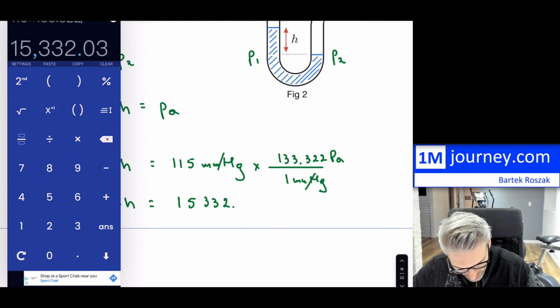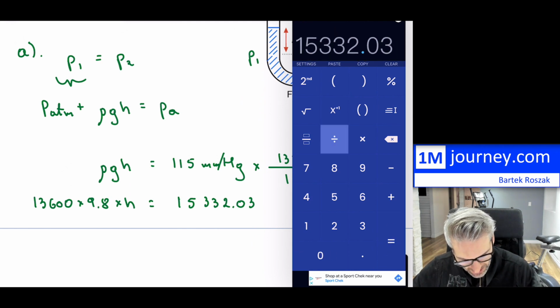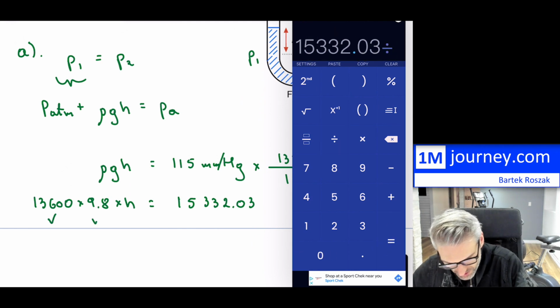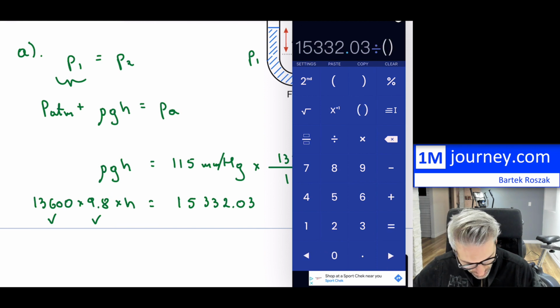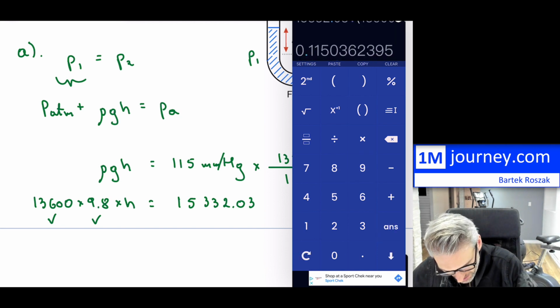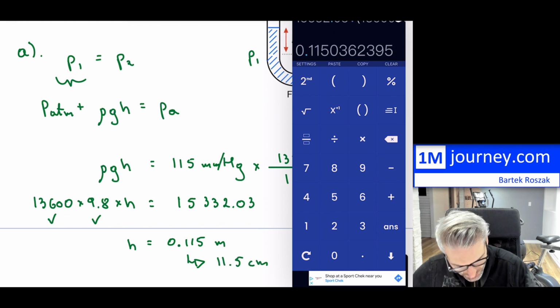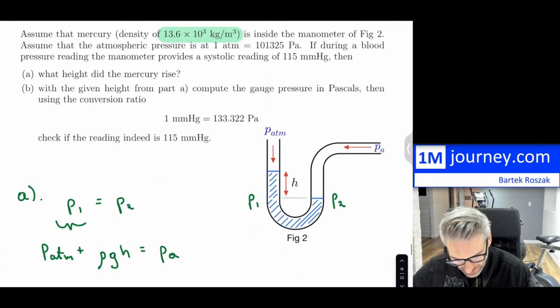Now I can take that pressure as I have it on the calculator and divide it by the whole thing, which is 13600 multiplied by 9.8, and it gives us what the height would be. So that H is 0.115 meters, or simply 11.5 centimeters, and that would have been the height in here.